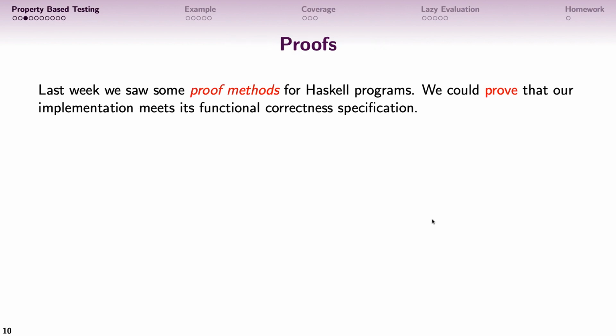So last week, both in my video and in Curtis's lecture, we saw some proof methods for Haskell programs. We can use this equational reasoning approach to show that two terms are equivalent, and then we can also use induction on data types to show that programs work for all possible inputs. These proofs are very good at guaranteeing a very high degree of assurance.